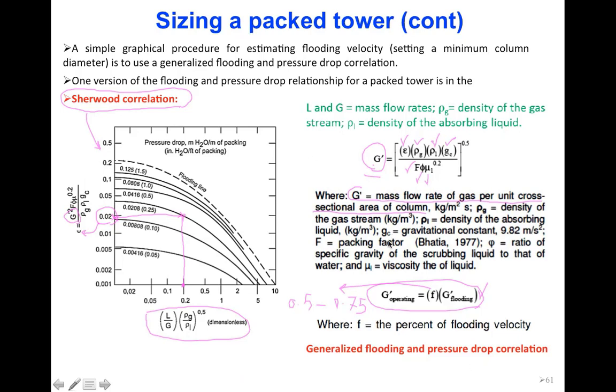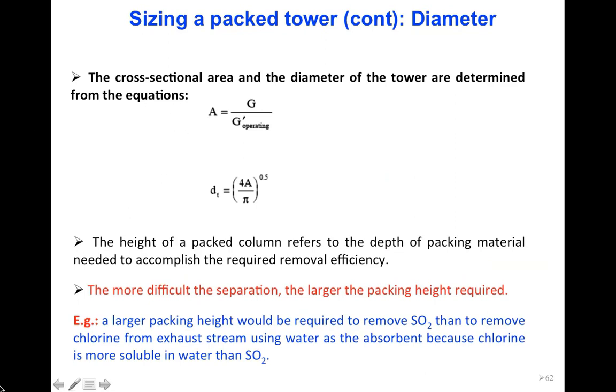Once we have G prime, let's go to the next slide. We have G, which is the mass flow rate, let's say kilogram per second, and our G prime, which is kilogram per square meter second.